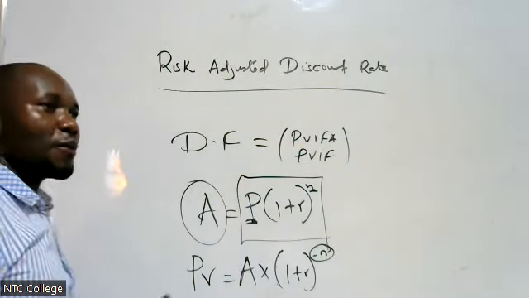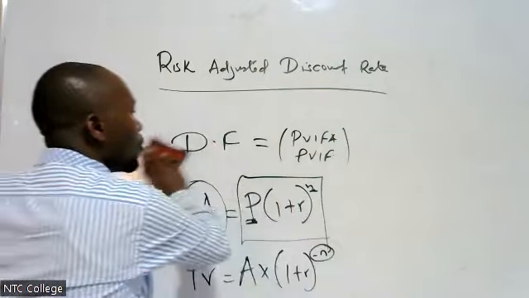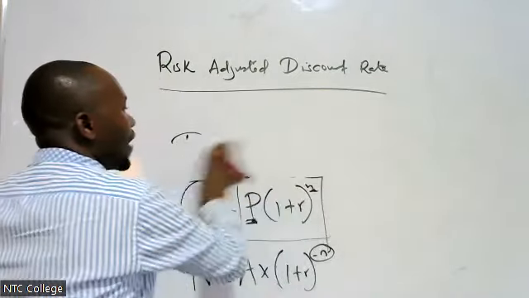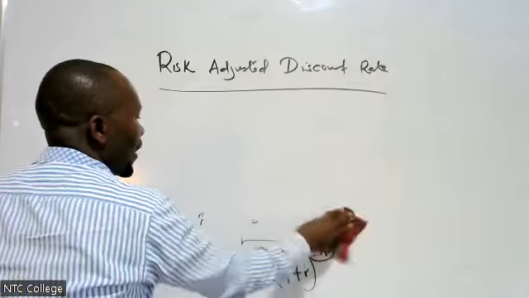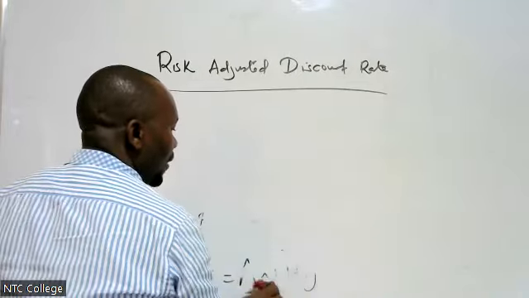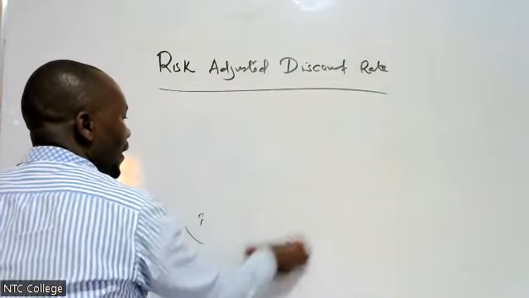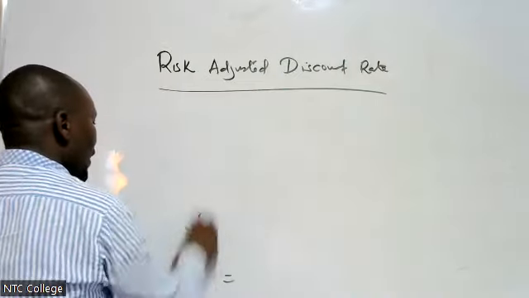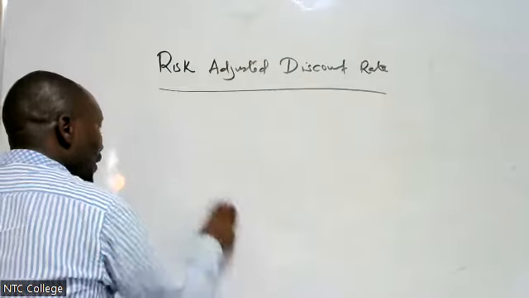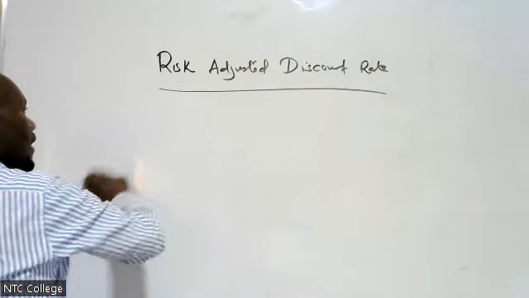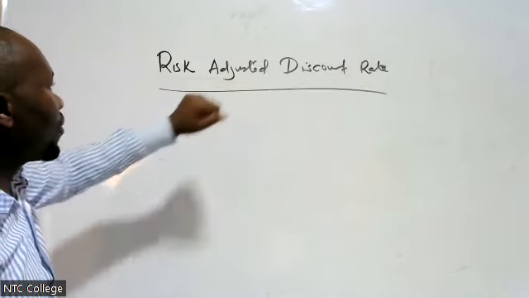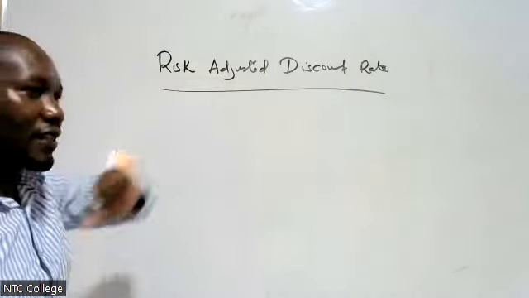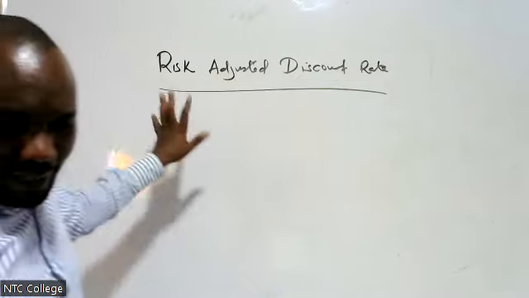The rate of interest that you're talking about can have some elements of risk. The elements of risk come from, for example, inflation or the exchange rates in the market. That risk element you can actually adjust for, so we call it risk adjusted.